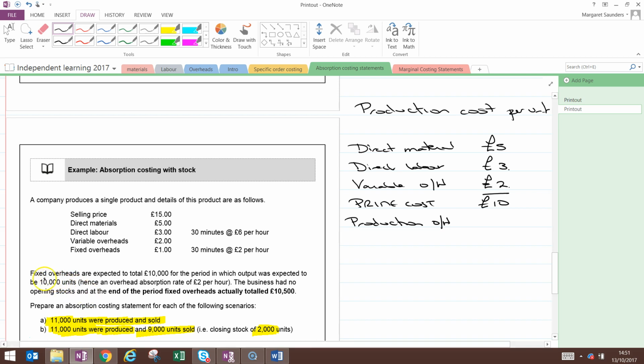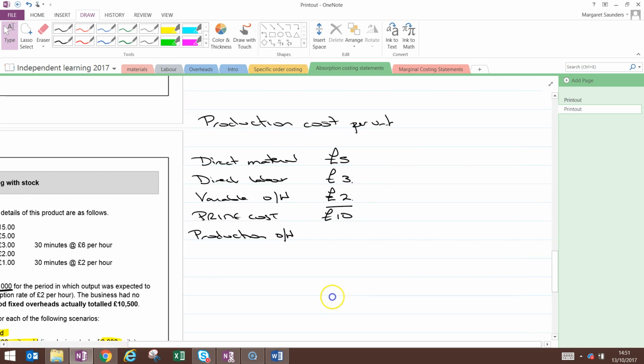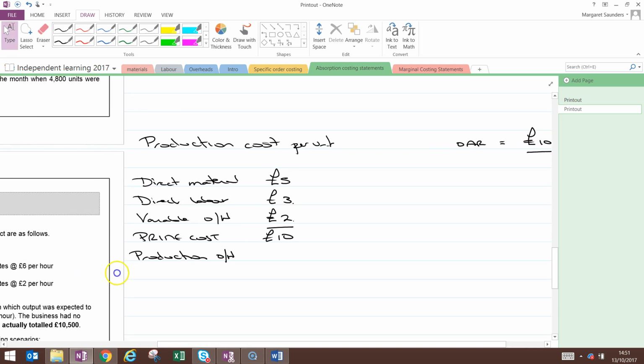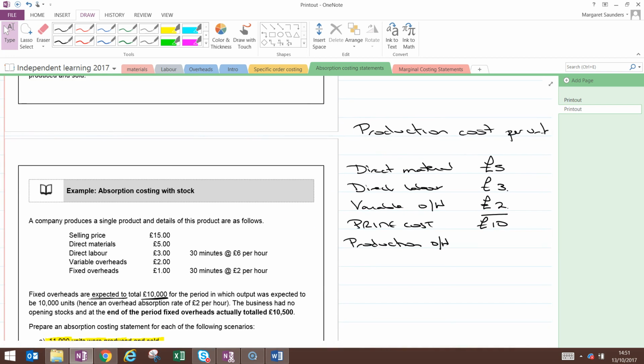We're told that fixed overheads are expected, so budgeted, to total £10,000. So we need to divide that then by level of activity. If we look at the fixed overhead figure that we have here, we can see this £2 per hour. So this is the overhead absorption rate, but I just want to illustrate how it has been calculated.